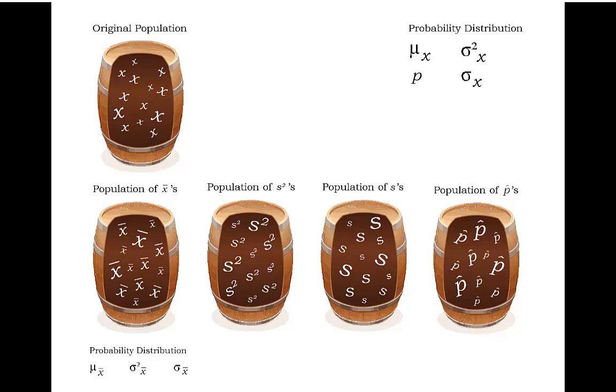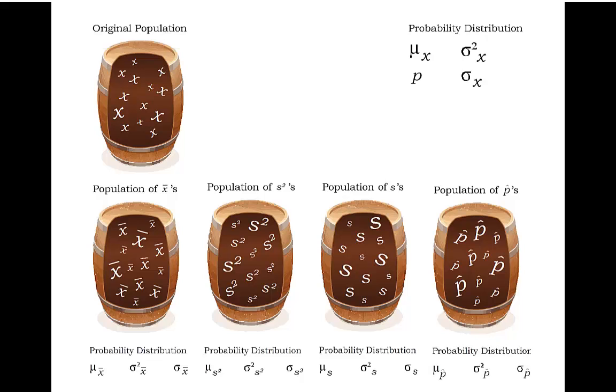The same thing goes for the population of sample standard deviations, which has its own distribution, mean, variance, and standard deviation. And finally, the population of sample proportions has its own probability distribution, mean, variance, and standard deviation.